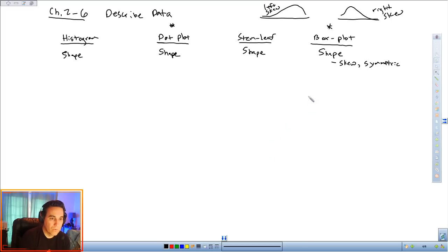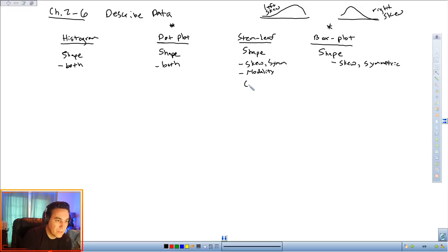So you're going to do skew and symmetric for your shape. On the other ones, you can talk about skew, symmetric, and you can also talk about modality. The only one we can't really talk about modality is the box plot.